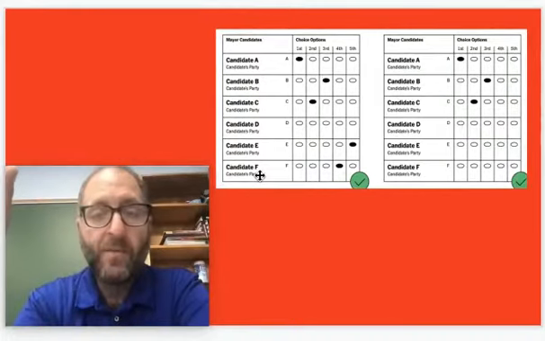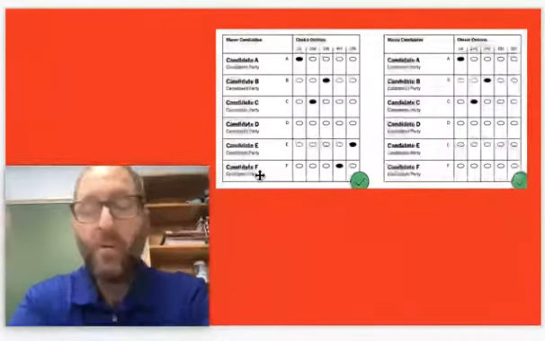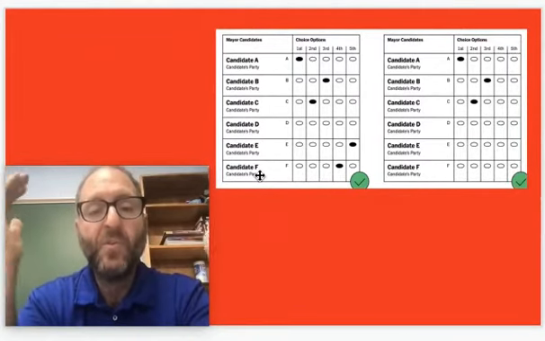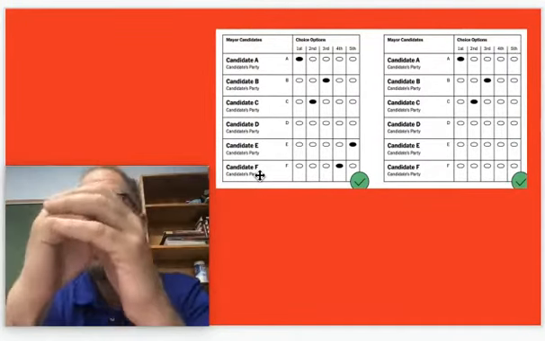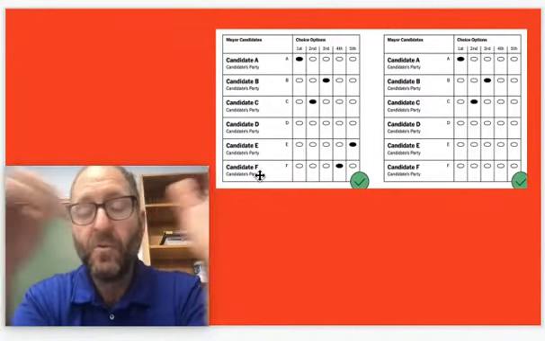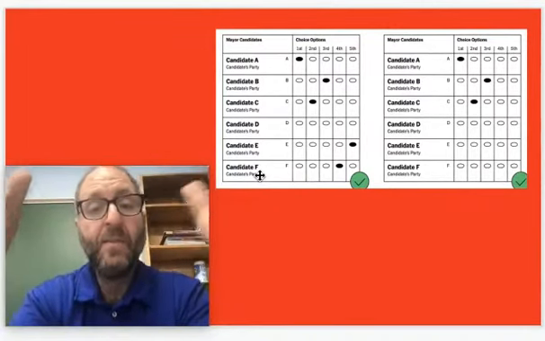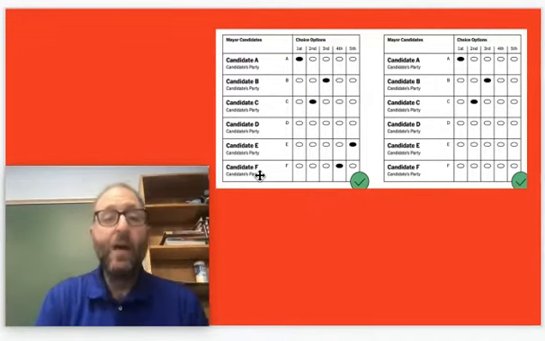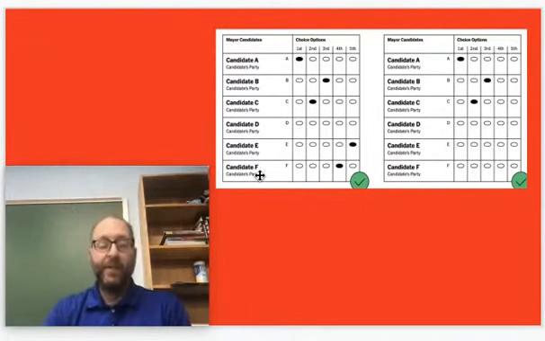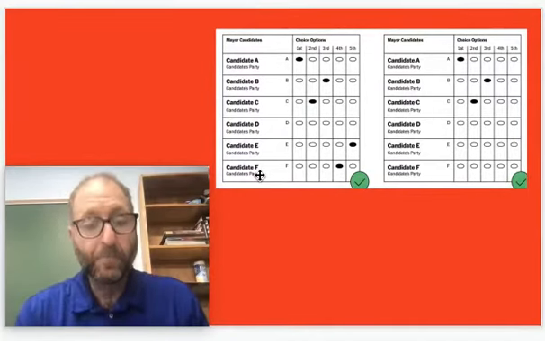Once everybody has voted, they're going to count up all the votes. The goal is you have to get over 50% to win. So the more people that run, the more challenging it is to get 50%. So what will happen is after they count all the votes, whoever comes in last place gets eliminated.